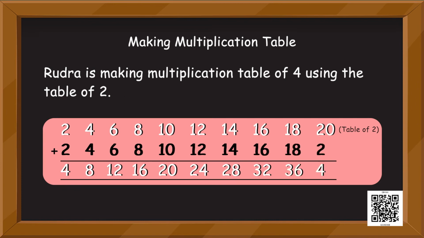And 20 plus 20 is 40. Oh yeah, that's right. That is table of 4. So interestingly, Rudra has created table of 4 by using table of 2.